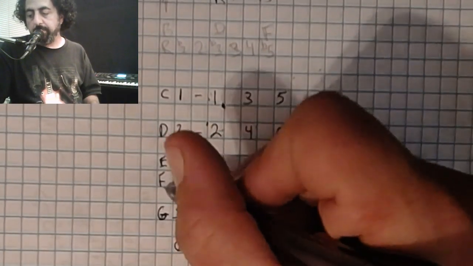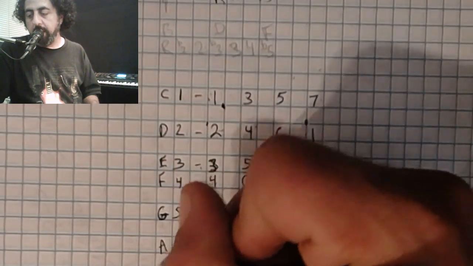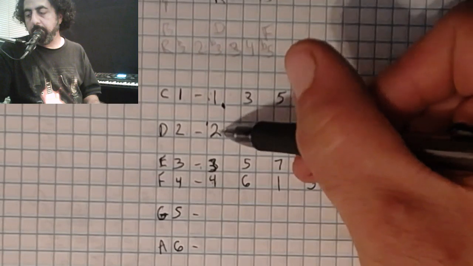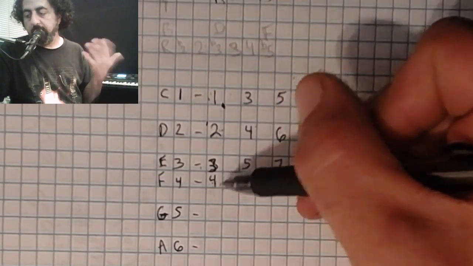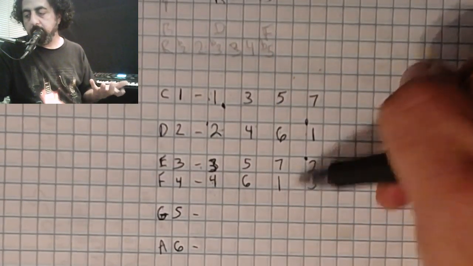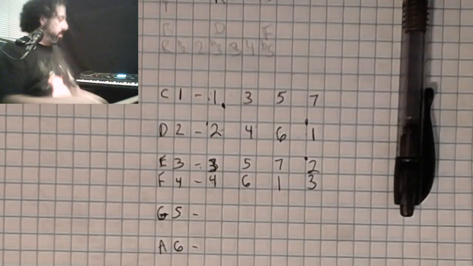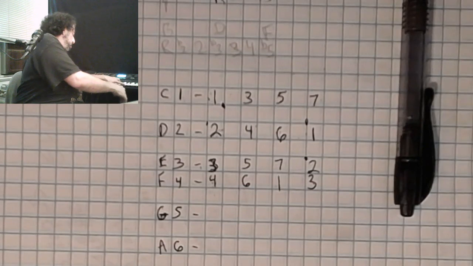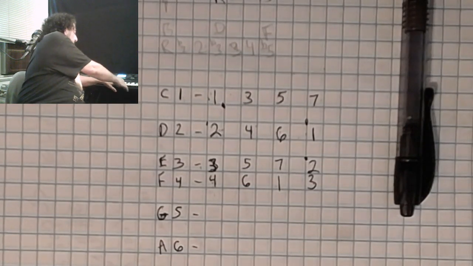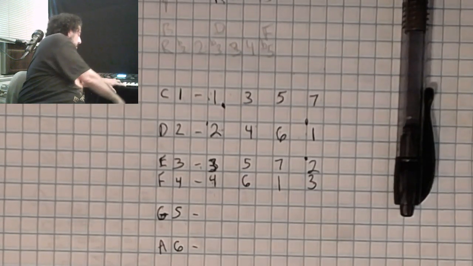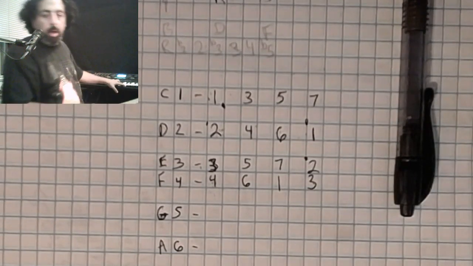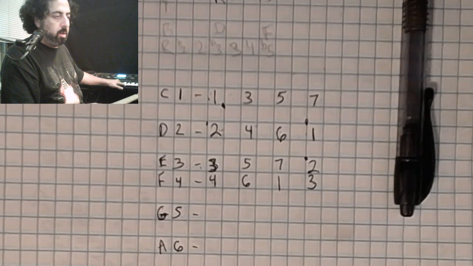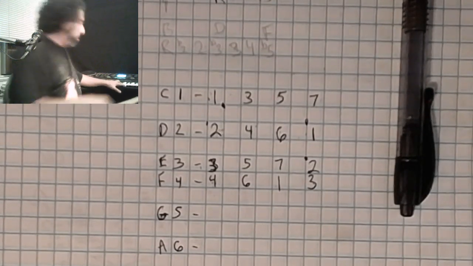So C, D, F, G, A, and B. So perhaps let's play a D7 and then an F7 and hear the relationship. I'm just playing that D7 to get it in your mind. Here comes the F7.